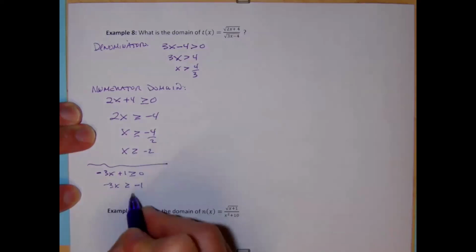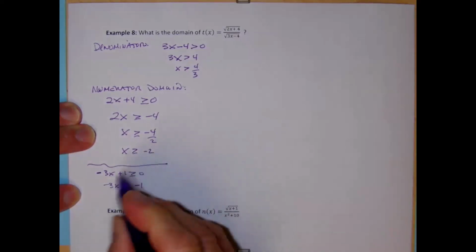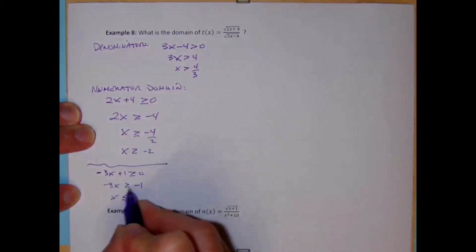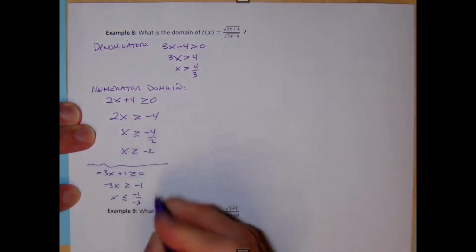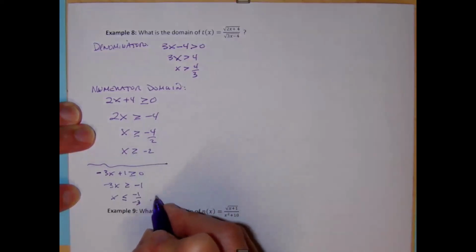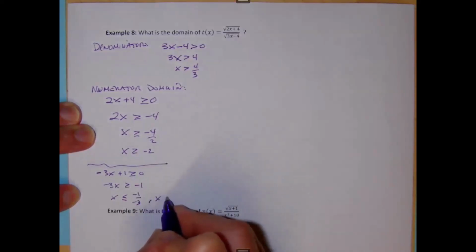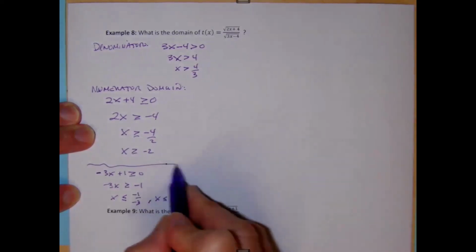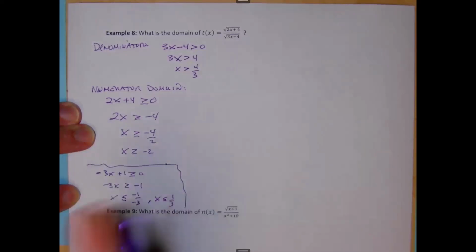So subtract 1 from both sides, get -1. Now you have to divide by -3. As soon as you divide by -3, you have to flip the inequality. So that will result in this solution. You have to flip when you divide or multiply by a negative.